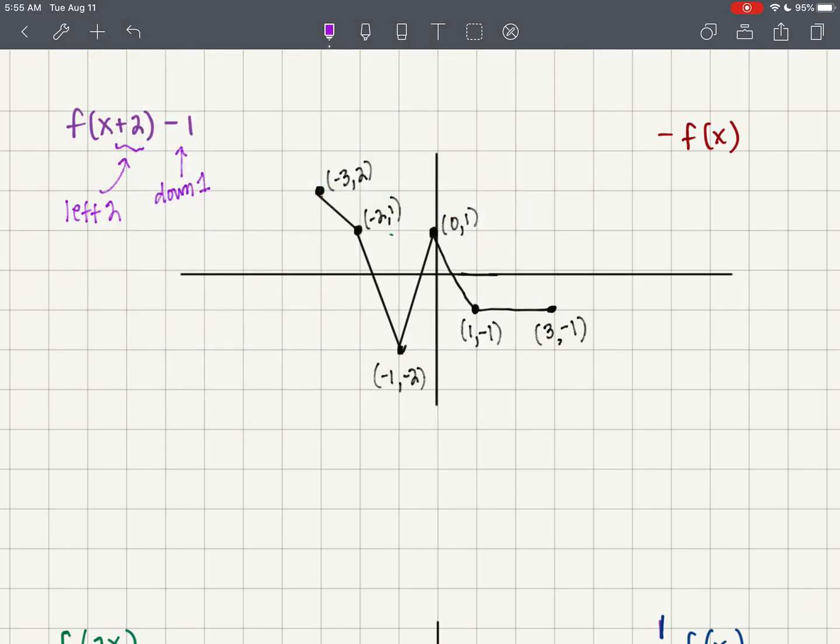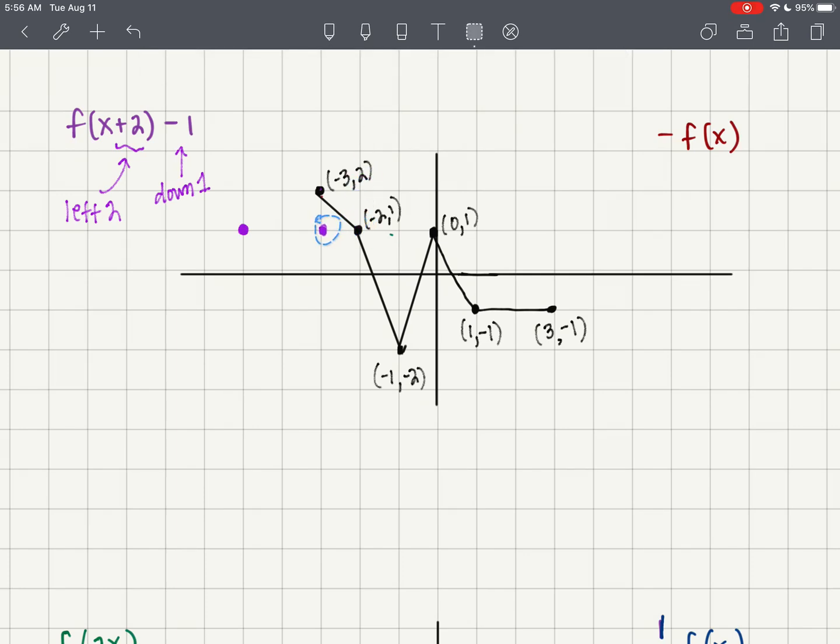So in purple, we're going to take the point negative 3, 2, and we're going to move it left 2 and down 1. This point right here is going to go left 2 and then down 1. Okay, let's do that again.